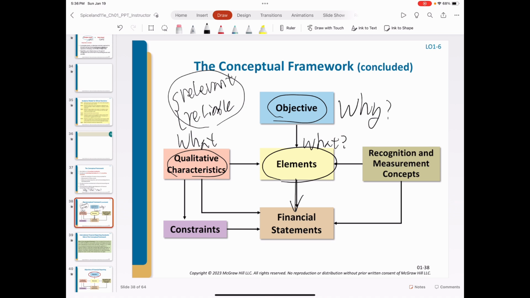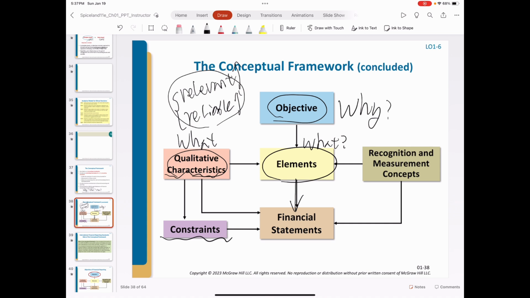Okay, to improve the usefulness of information, we just improve either of them. We can improve the usefulness of information by increasing the relevance or increasing the reliability of the information. Okay, but here we also encounter some challenges, that is constraint.